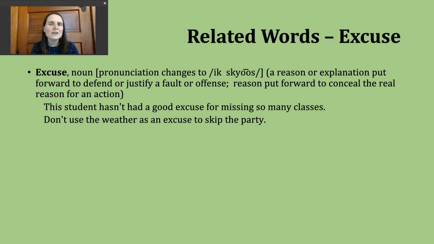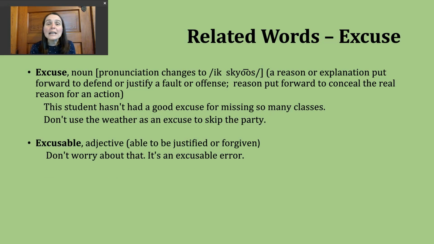Right? So here, this person maybe is suggesting that isn't really why you want to skip or not attend the party. There must be something else, and it might not be a reasonable explanation to use the weather.